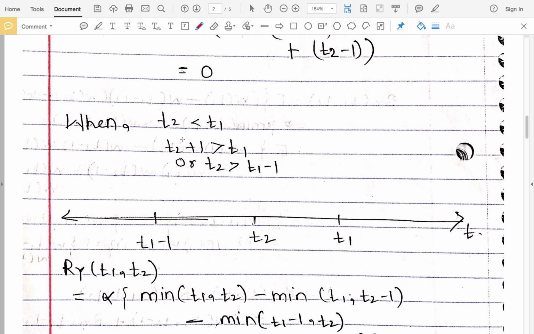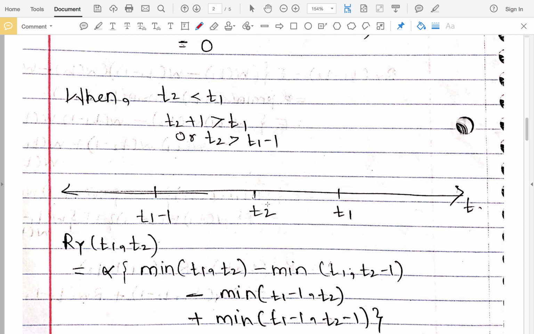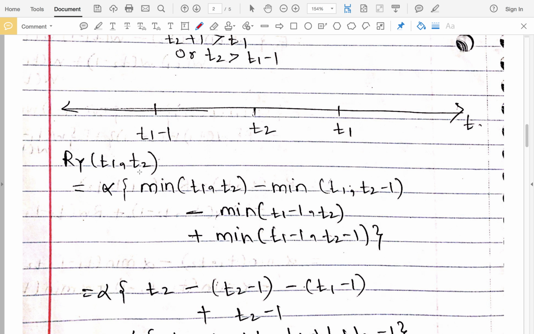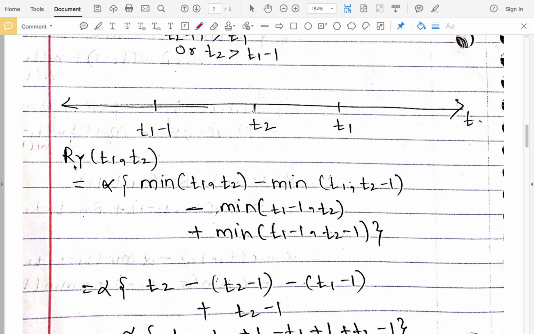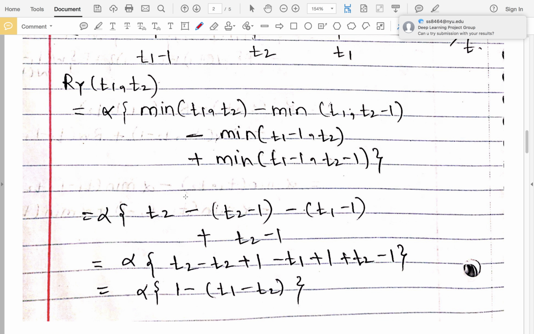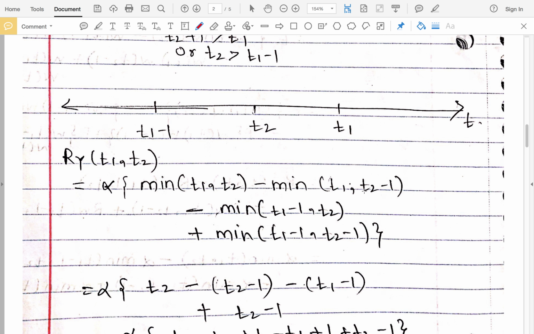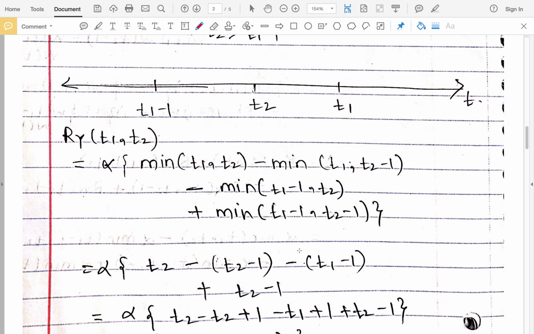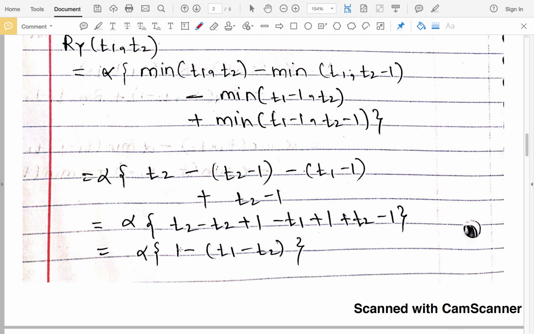Now the case when t1 is greater than t2, but t1 minus 1 is less than t2, so t2 is in between t1 and t1 minus 1. Using the derivation above, we expand the autocorrelation function of Y and get the values of this minimum function: t2 in this case, t2 minus 1 in this case, and then t1 minus 1 and t2, so t1 minus 1 is the minimum, and here t1 minus 1 and t2 minus 1, so of course t2 minus 1 will be the minimum.